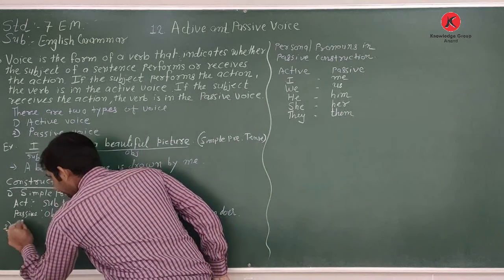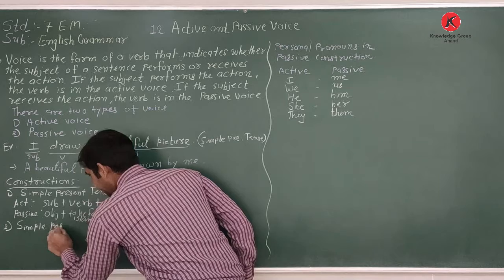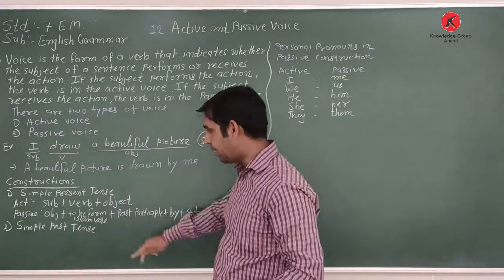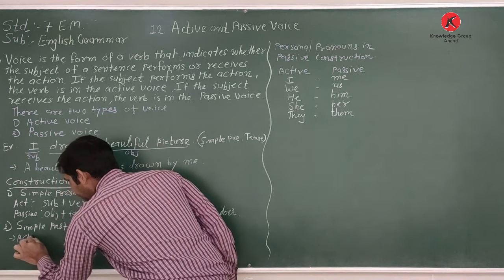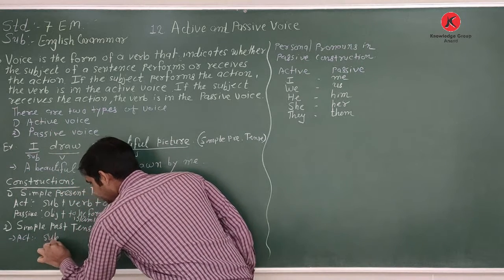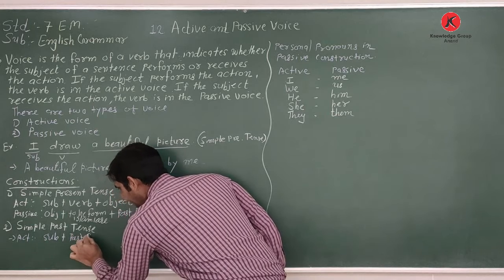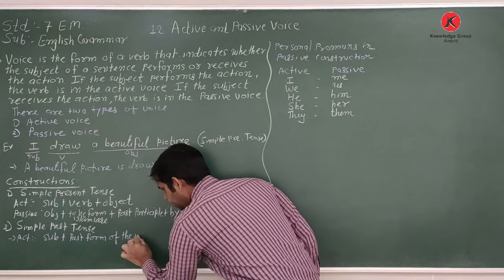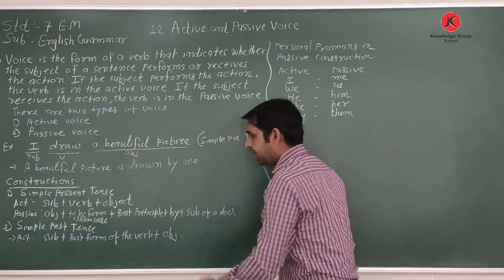Second, simple past tense. The construction of active voice is subject plus past form of the verb, then the object.